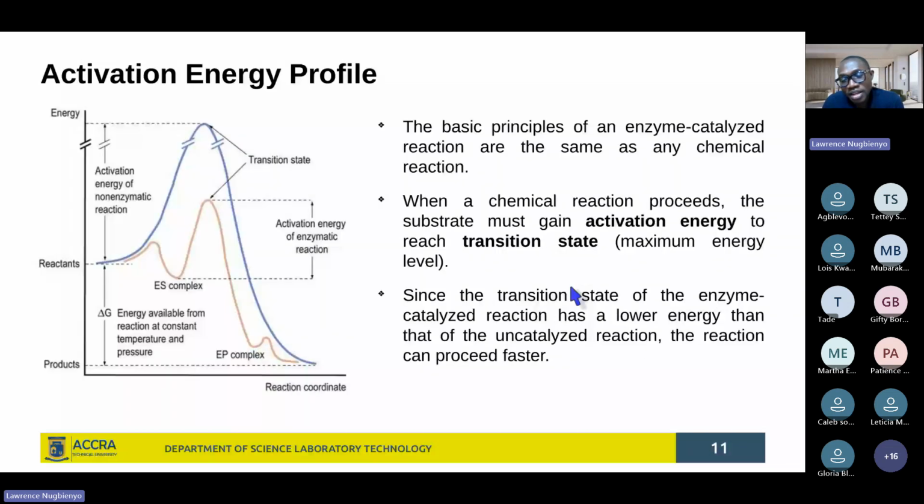All right. Now, since we're talking about enzymes and the mechanisms by which they act, let's take a look at the basic principle by which all chemical reactions occur. This principle applies to all reactions, not only reactions occurring in biological systems.